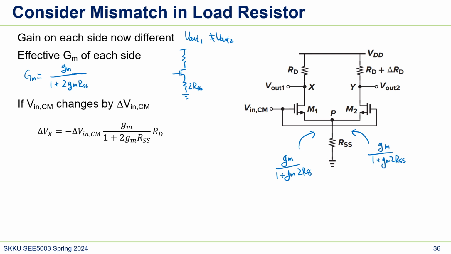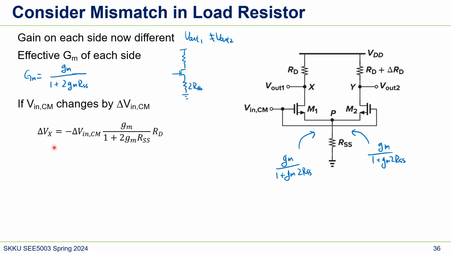So their effective GM are the same here. Yeah, the effective GM of each side are the same now because we assume that there's no mismatch in GM. So if V in CM changes, it means a common mode change.